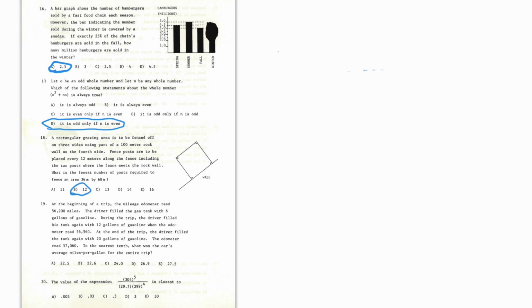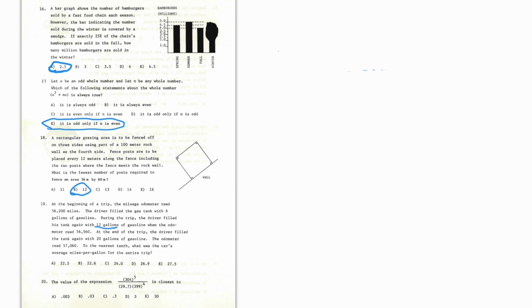Number 19. At the beginning of a trip, the mileage odometer read 56,200 miles. The driver filled the gas tank with 6 gallons of gasoline. During the trip, the driver filled the tank again with 12 gallons of gasoline, when the odometer read 56,560.